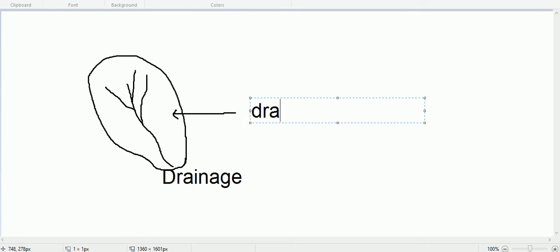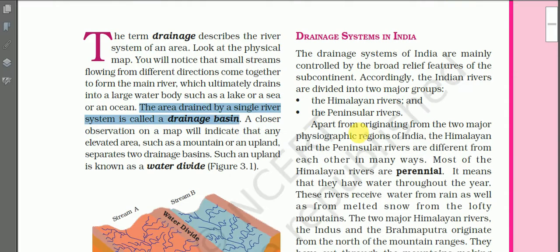This is the main difference between drainage and drainage basin. Drainage refers to the river and tributaries. Drainage basin refers to the land surface where the river is flowing. Got it? Any question?